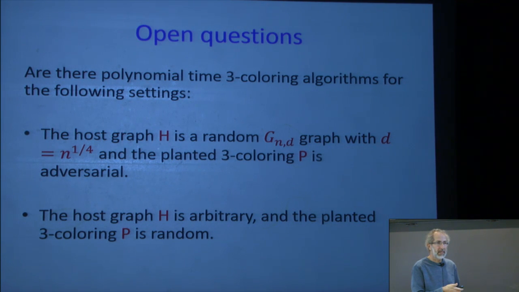Is it just true that you can start from a graph that is already 3-colorable, let's say, and you are still planting a random 3-coloring in it, in addition. Does this by itself already make coloring easy? It's hard to believe that this is the case, but we don't know how to prove that it's not the case. Okay.